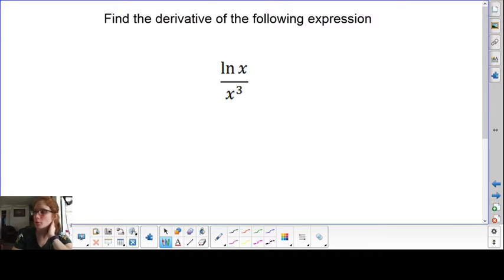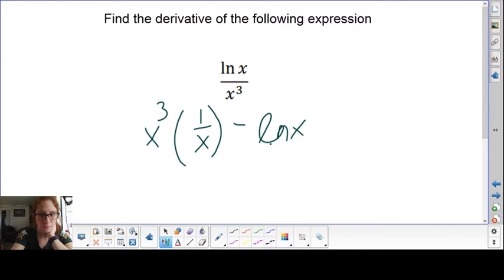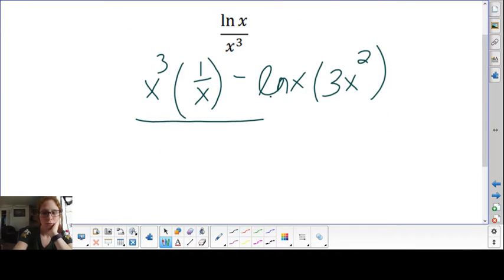So for a quotient rule, to refresh our memory, it's low times the derivative of the top, and the derivative of natural log of x is 1 over x, minus the top times the derivative of the bottom, all over the bottom squared.